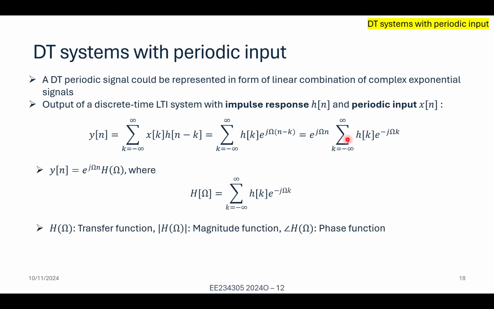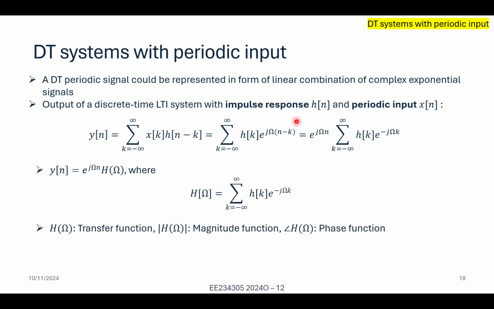The input is periodic, but the impulse response is not always periodic; we commonly assume that it is not. The output is the convolution, and this is how it goes for periodic input x.